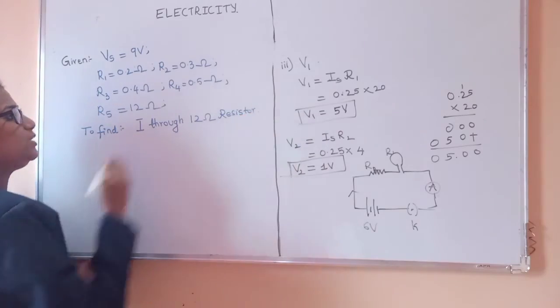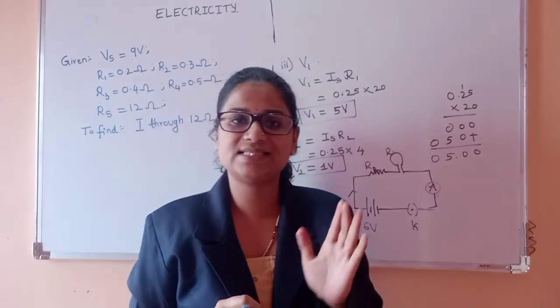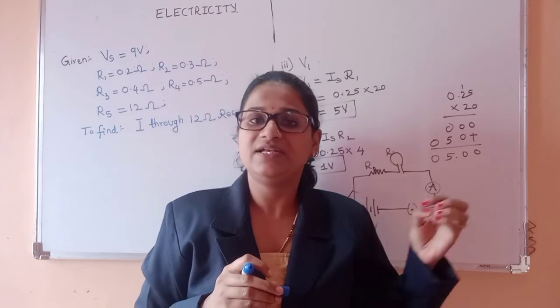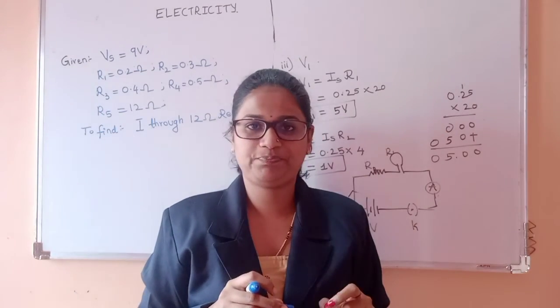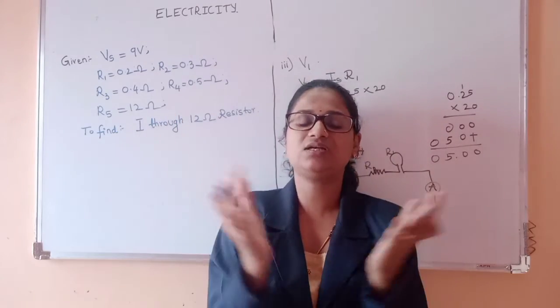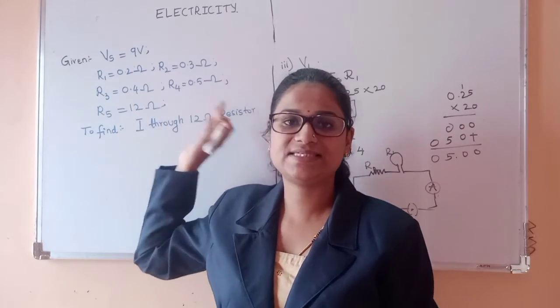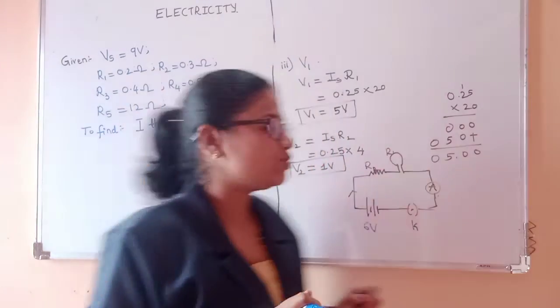As we know, in the series combination, current remains the same. Current will not be divided or distributed, right? So if we find the total current in the circuit, it will be the current flowing through the resistor which has 12 ohm. So let us do that.